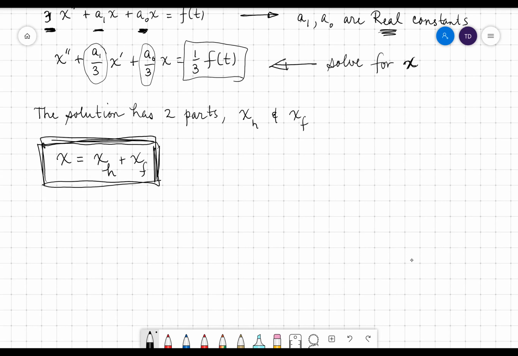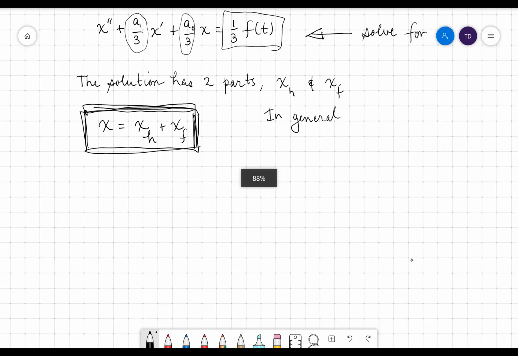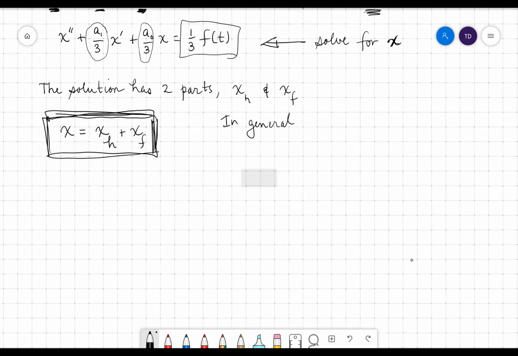But in general, for us in this course, it's going to look like, instead of X, I1 equals I1H plus I1F, or VA equals VAH plus VAF, okay? So for us, we're looking at currents and voltages.